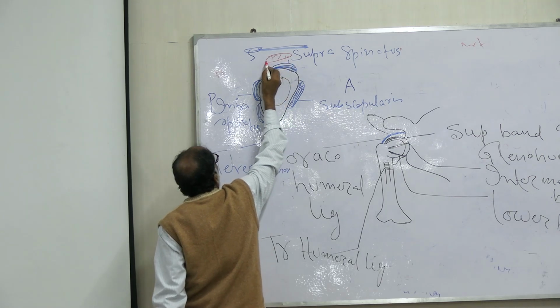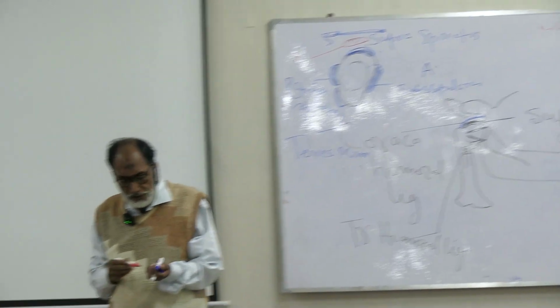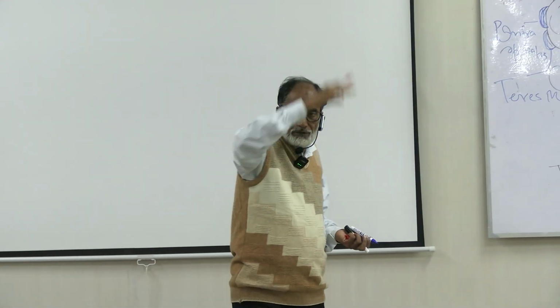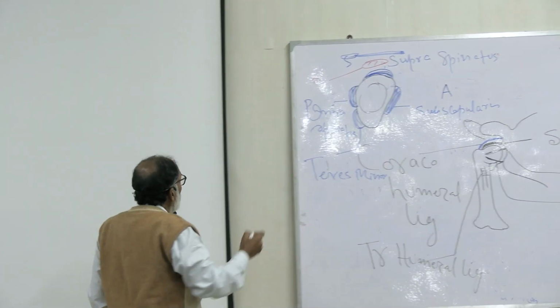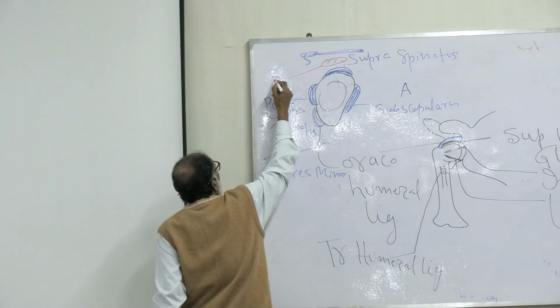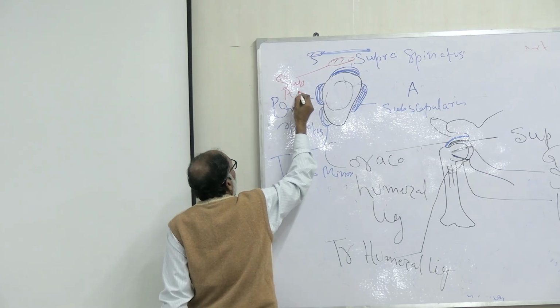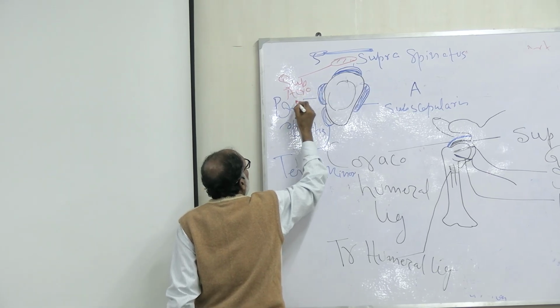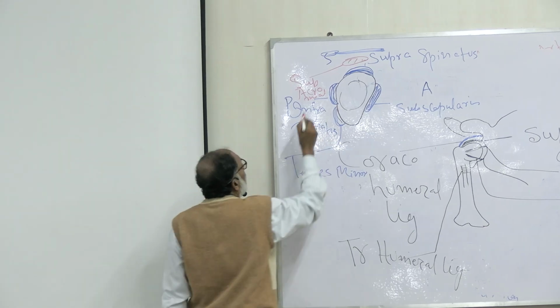The name of this bursa is, as it is below the acromial process, subacromial bursa. So subacromial bursa.